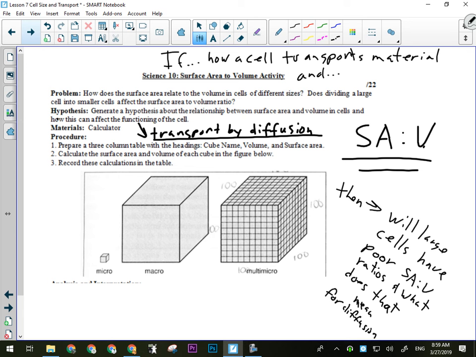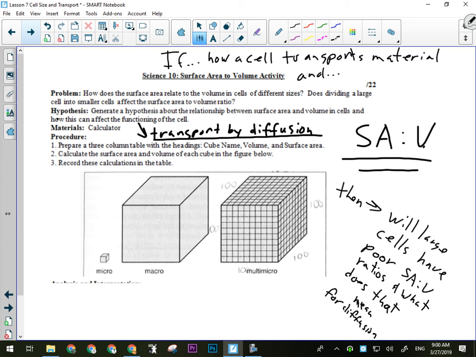So will large cells have poor surface area to volume ratios, and what does that mean for diffusion? That's what the then part of your hypothesis needs to talk about. We've already talked about that at the very beginning of class.